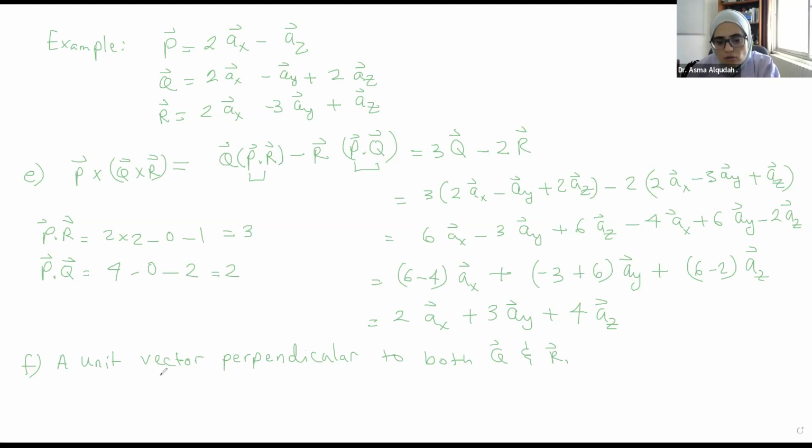First, this is a vector, so it has a magnitude and a direction. This unit vector has a magnitude of unity, and the direction should be perpendicular to both Q and R. So it has to be at a 90 degree angle with both Q and R.